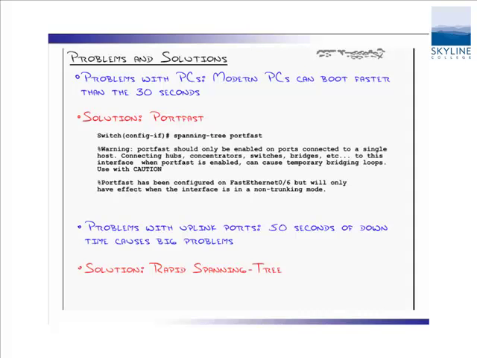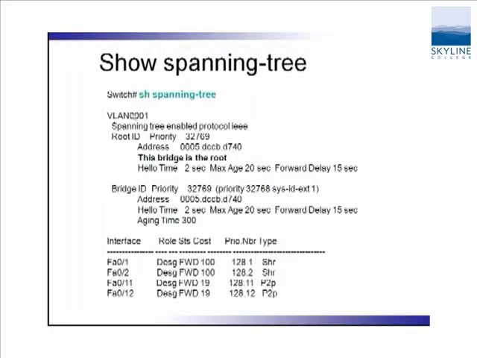The other problem is with the uplink ports: 50 seconds of downtime causes big problems. And again, we'll look at those things in a few minutes. Switches are handy devices, with lots of configurations that can happen on them. If you use the show spanning-tree command, VLAN 0001, it tells you by VLAN which ports are which.